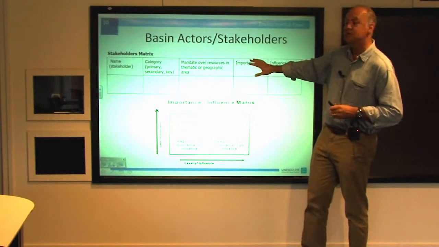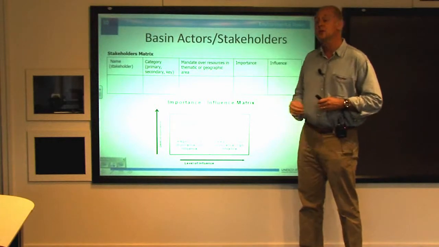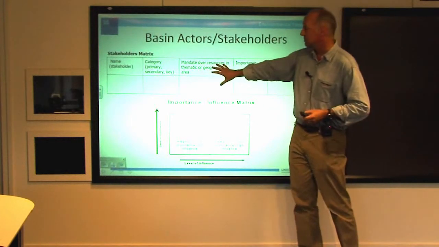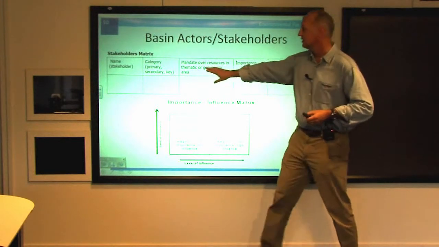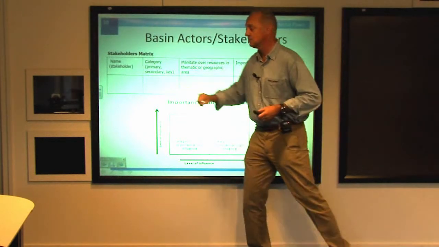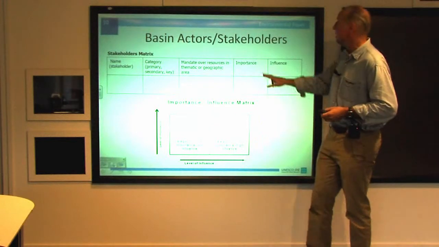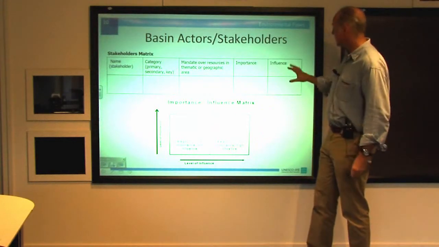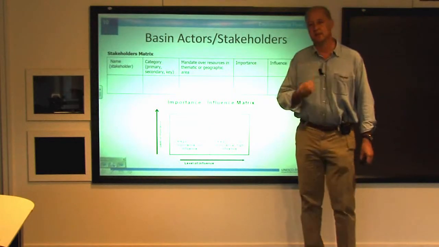Now, this is a matrix that is useful for collecting information about the responsibilities of the different stakeholders, stakeholder organizations, what their importance is in the process, and also what their level of influence is.